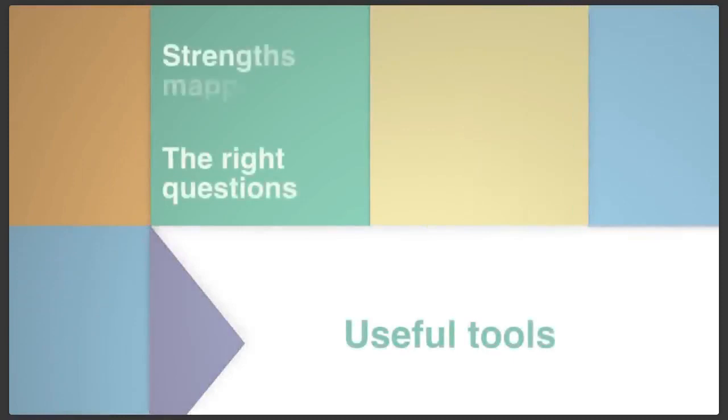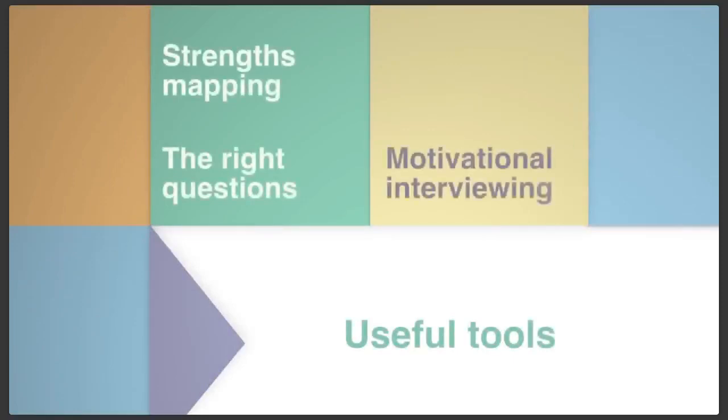It is generally not easy to identify one's strengths, and adults and carers can find it difficult. There are useful tools, for example, asking the right questions, strengths mapping, motivational interviewing, recovery model, 3 houses, and so on. These can support practitioners and individuals in identifying strengths.